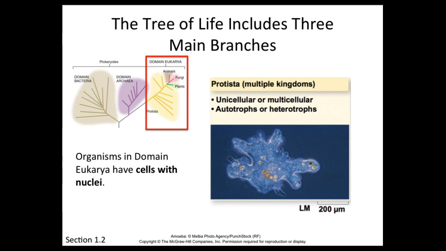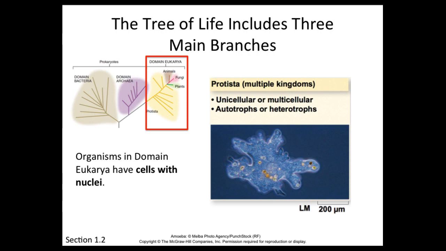The eukarya involves lots of different kingdoms, and we're going to need to know these 4 kingdoms on the exam. What unites these 4 kingdoms together is that they are all eukaryotic cells with nuclei. They can be both unicellular or multicellular depending on the group.